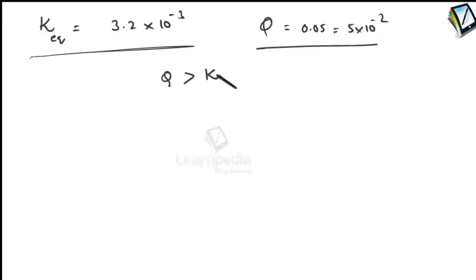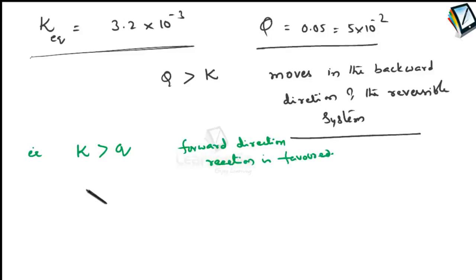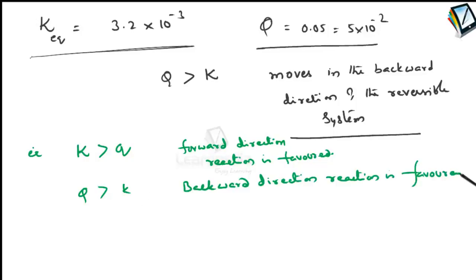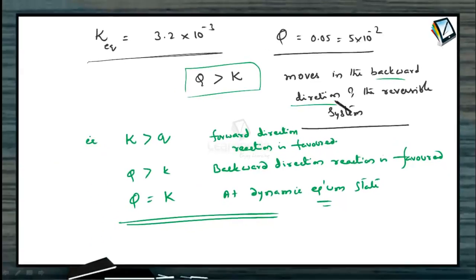Therefore, when Q is greater than K, the system moves in the backward direction of the reversible system. That is, if K is greater than Q, forward direction reaction is favored. While Q is greater than K, backward direction reaction is favored. While if Q is equal to K, the system is at dynamic equilibrium. These are the conditions. So now since Q is greater than K, the system moves in the backward direction.